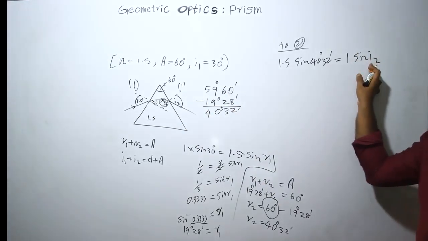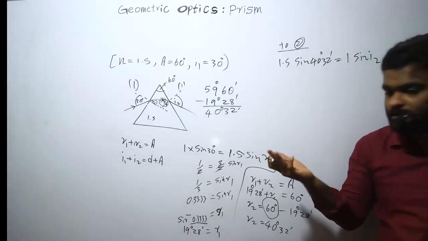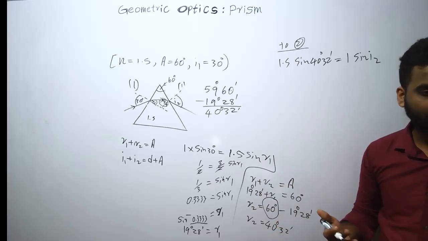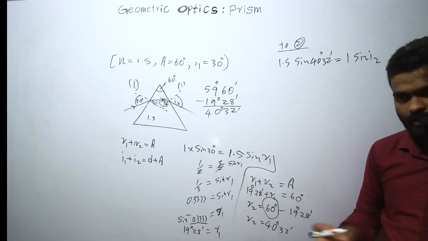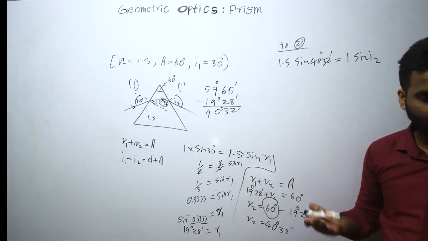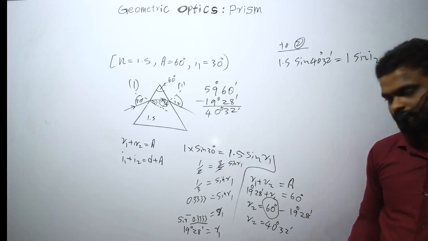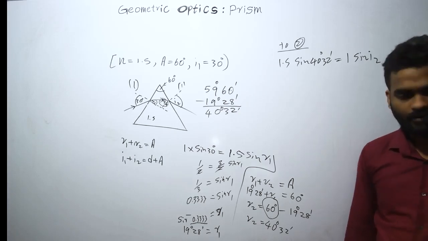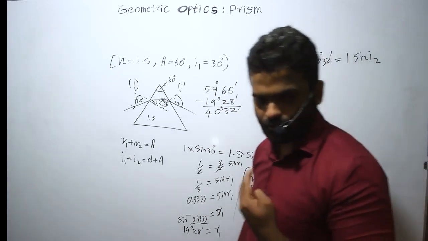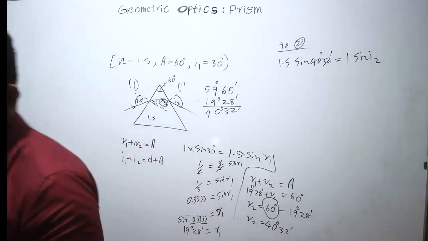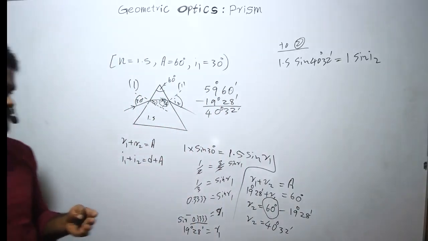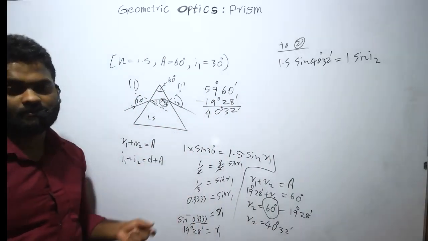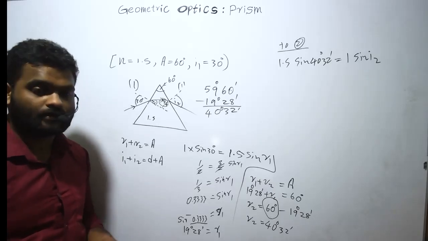Now if you find I2, you have found all the angles, right? You have found R1, R2, and now it is I2. You have to do this. There's no way around to learn this. The simplifications are a bit hard, but there's no way around.